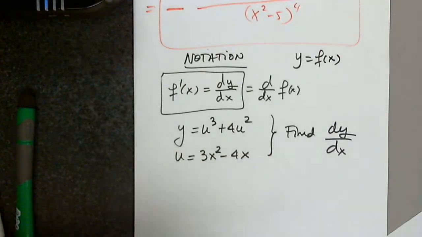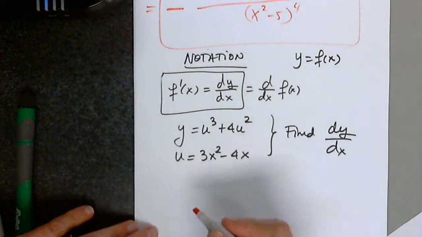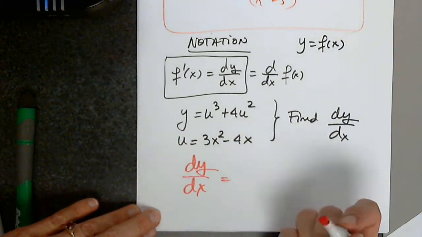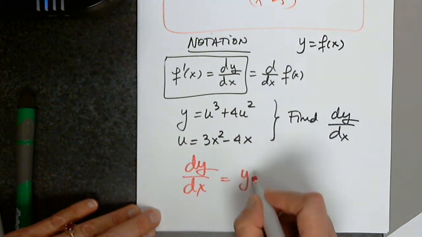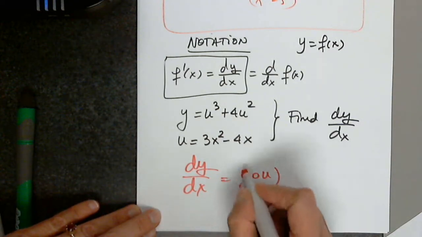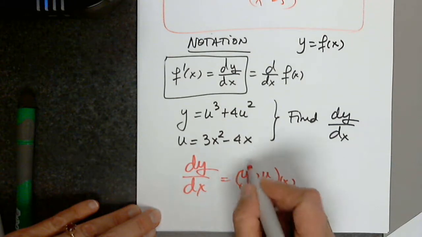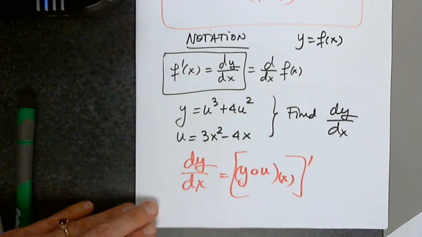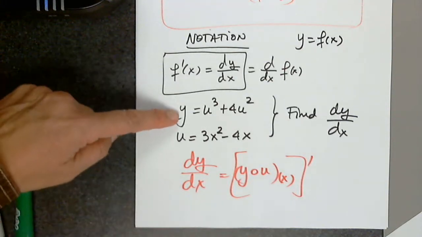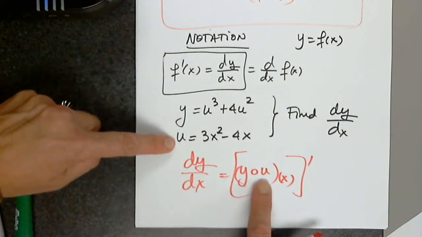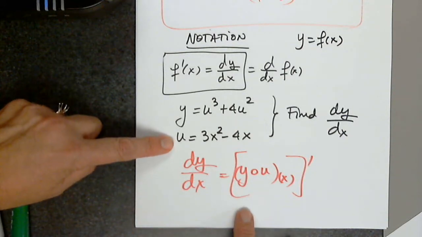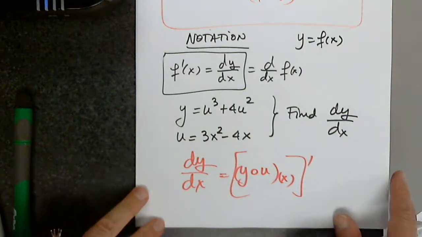So in order to find dy over dx, I'm really differentiating y composed with u of x, prime. This is what I have to differentiate. So y is the outer function, and u is the inner function.